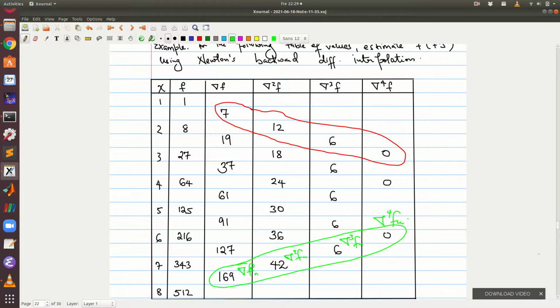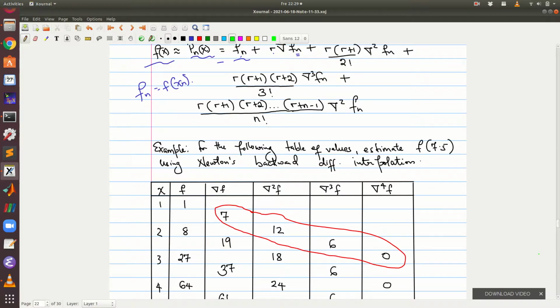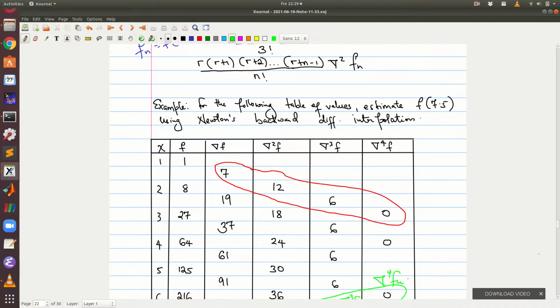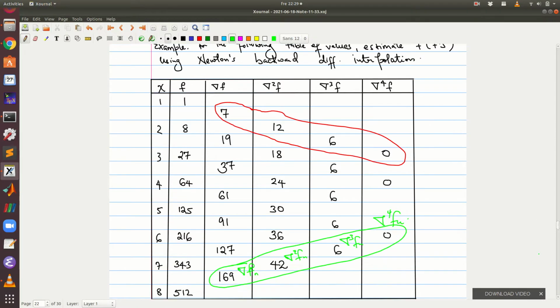So let's see, we have the following values. We'd like to estimate f of 7.5 using Newton's backward difference formula.